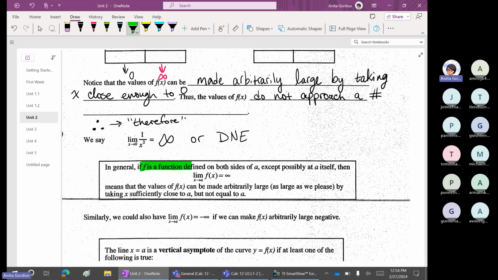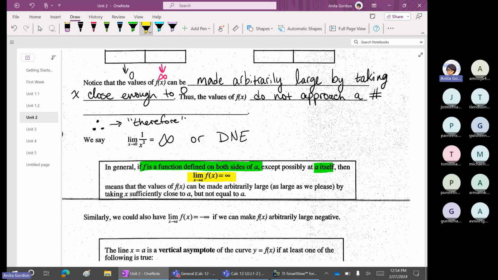if it is defined on both sides of A, so of your key point, except possibly right at A, right? Because we can't say what is 1 over x squared at 0. So we can't evaluate it at A, but we can get very, very close to it. Then, if we have defined on both sides and we have a limit that goes off into infinity, that means it can be as big as you like, a million, a billion, a trillion, whatever.